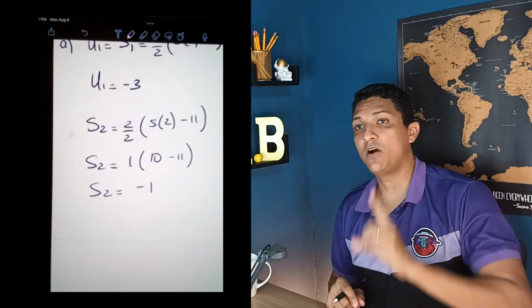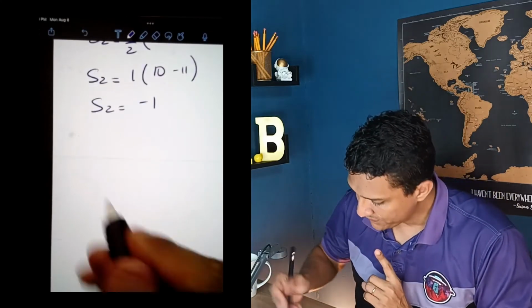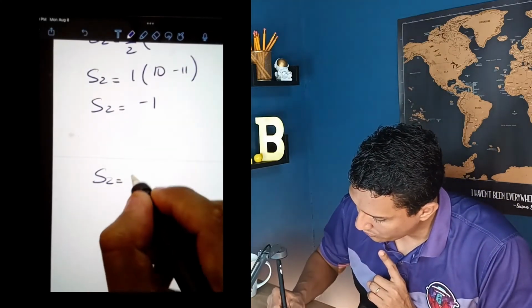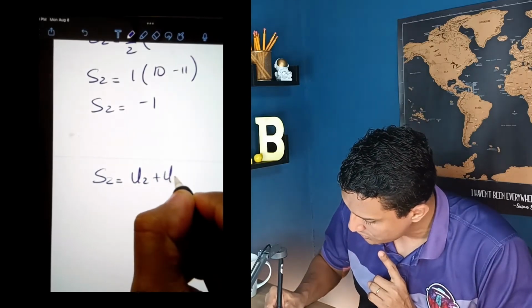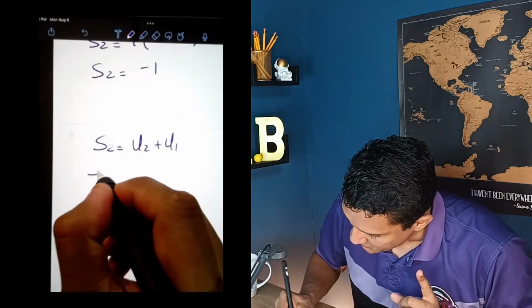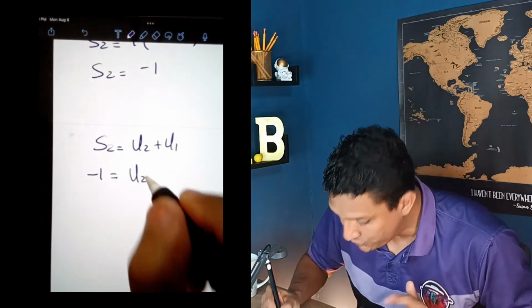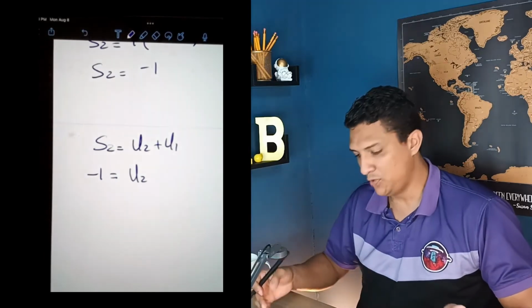S2 is the sum of the first and the second term. So S2 is equal to U2 plus U1. I know that S2 is negative 1. I do not know U2 because that is what I'm looking for.